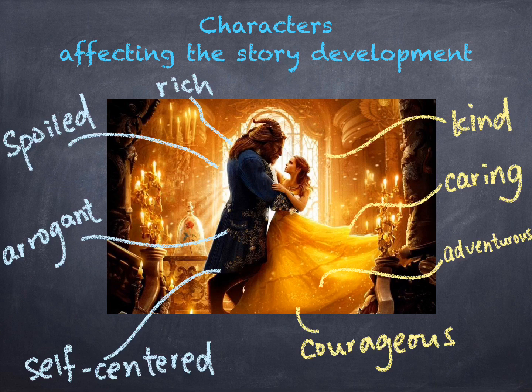Like the Beast and Belle. The Beast is a very rich prince, but he's spoiled and arrogant and self-centered. And that's why he's trapped in the castle and becomes a beast. And no one likes to get close to him, and that's why he needs to stay in the castle alone, because of his personality, how this character is designed.